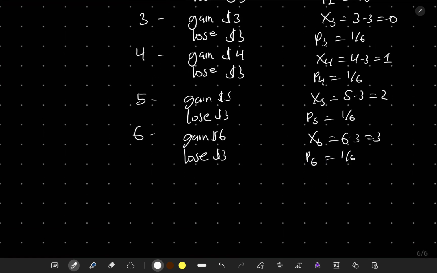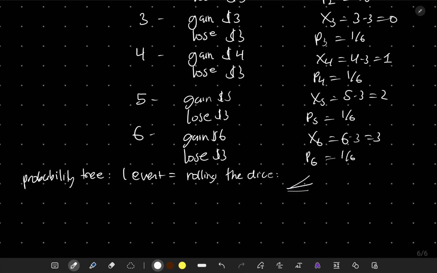That's because in the probability tree, there's only one event, and that's me rolling the die, which looks like this: 1, 2, 3, 4, 5, 6, where each of them represents an outcome of me rolling the die.